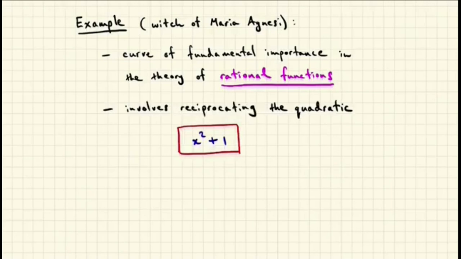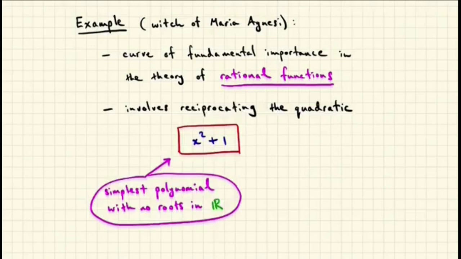in mathematics, being the simplest polynomial you can think of that does not have any roots over the real number system, since it's always greater than or equal to 1 for any real number x. So it cannot possibly be 0.